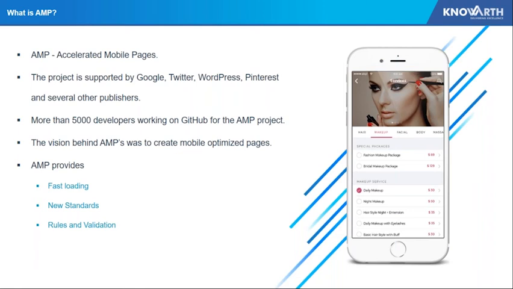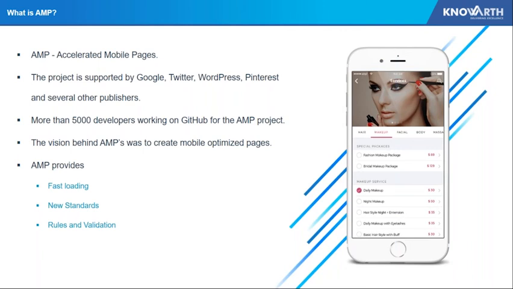And more than 5,000 developers are working on GitHub for this project, so the community is also vast. The vision behind AMP was to create mobile optimized pages, an alternate version of your web page, built specifically for mobile, for speed and acceleration.